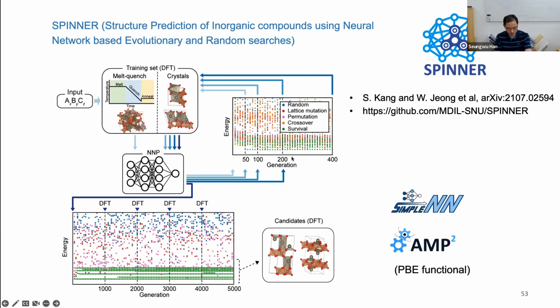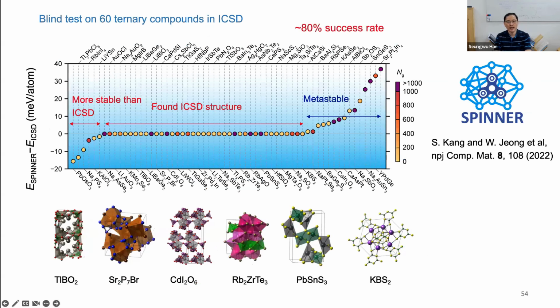I will not go into the details. With this package, we were able to deal with quite complicated ternary structures as well, with almost 80% success rate. This is a blind test, so we do not know the crystal structure in the beginning. The structures we end up with agree with the experiment 80% of the time.